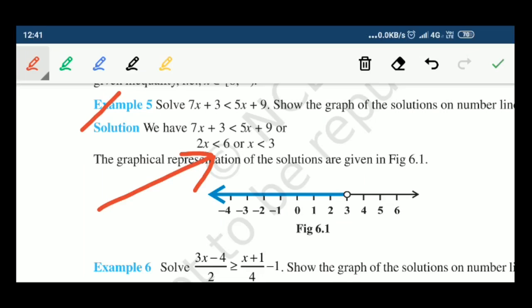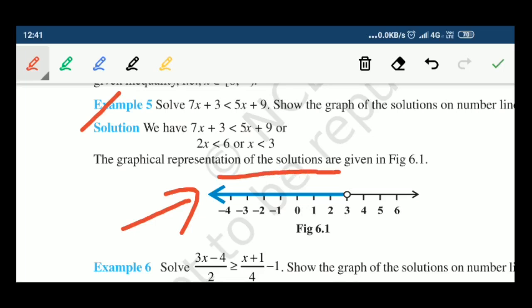What will you do after this? You will draw a real number line. What is the value of x here? x is less than 3. So for less than 3, you will draw a dark line towards the left hand side of 3, and remember, it is strictly less than 3, so 3 is not involved here, so you will use an open circle.